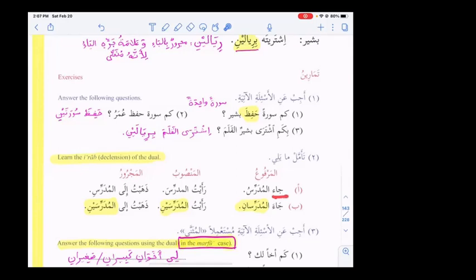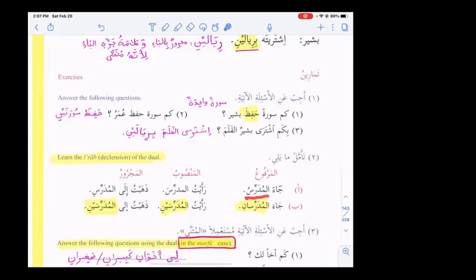This is your fi'l madi, ja'a. Let me write it down here. See here, it is written, but here it is not written. Ja'a al-mudarrisu. Mudarrisu is the fa'il. Is it marfu? The fa'il has to be marfu.